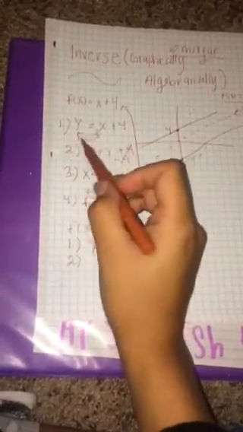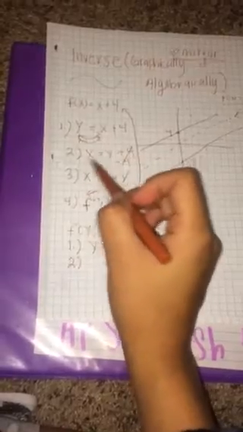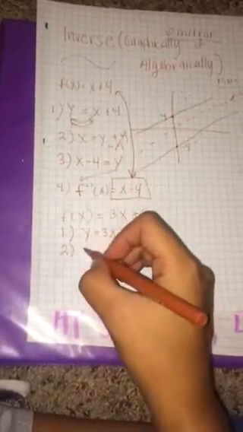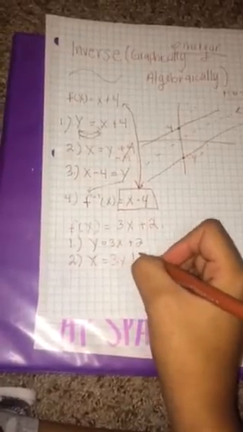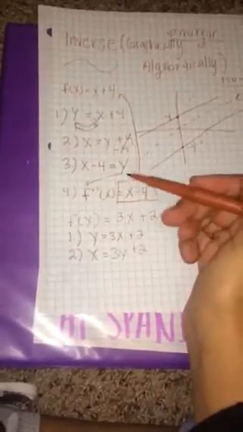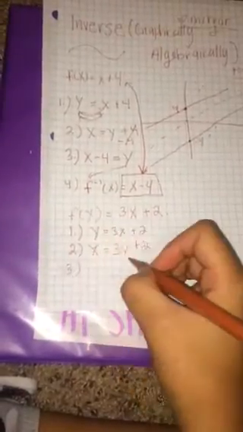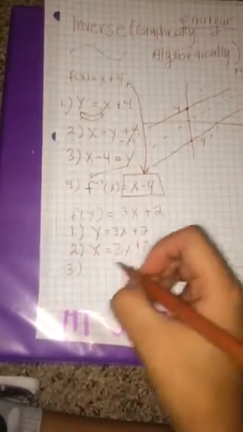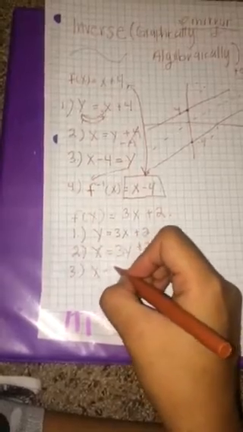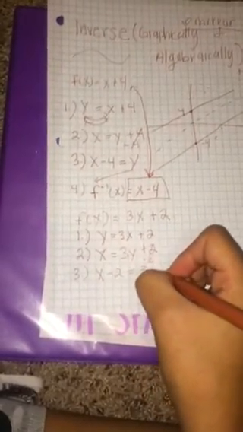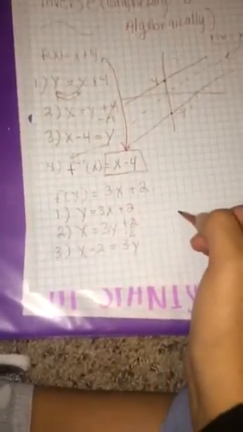Our second step is to interchange y and x. So it's going to be x equals 3y plus 2. And now we solve for y. So you take away 2, so x minus 2 equals 3y.